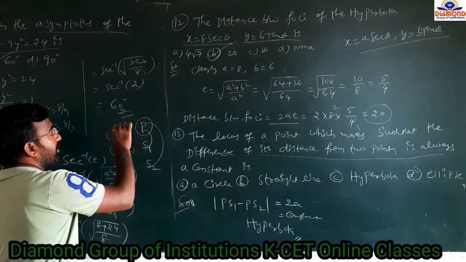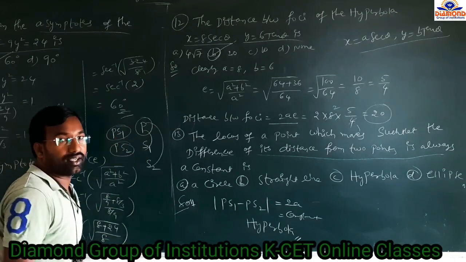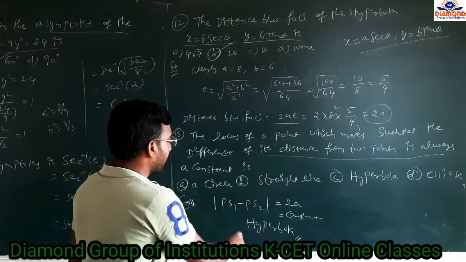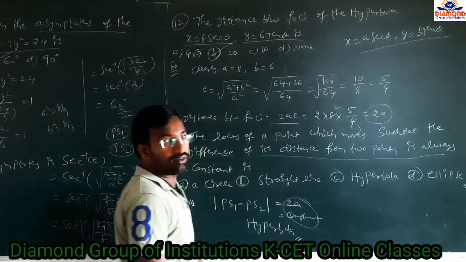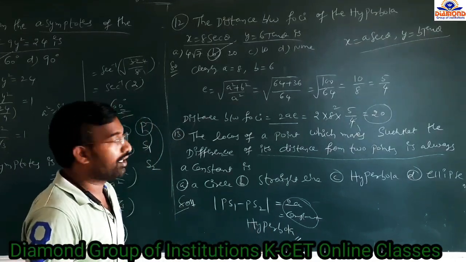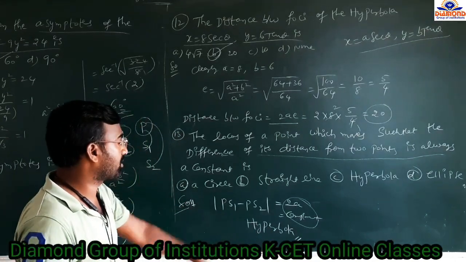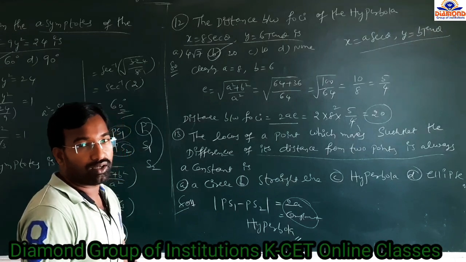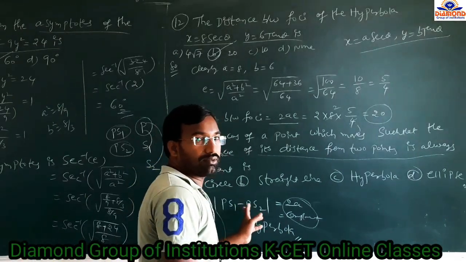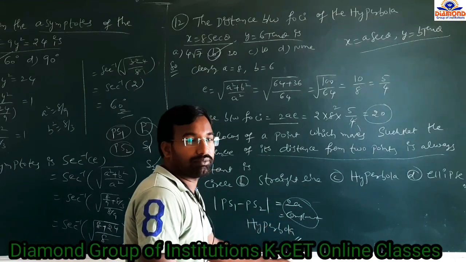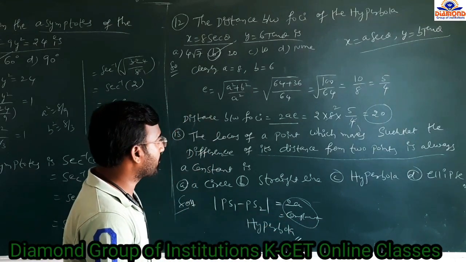So the difference between the distances is a constant. That is nothing but modulus of PS1 minus PS2 equal to constant 2a. So this is the standard result. The difference between PS1 and PS2 being constant is a hyperbola. So option is C.